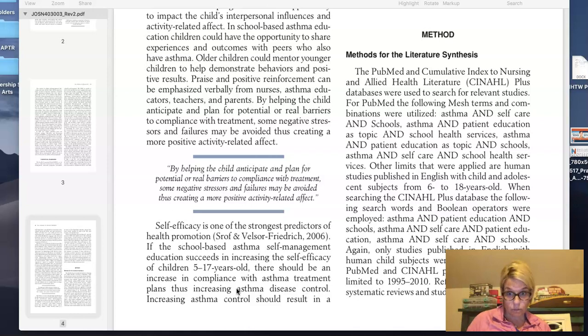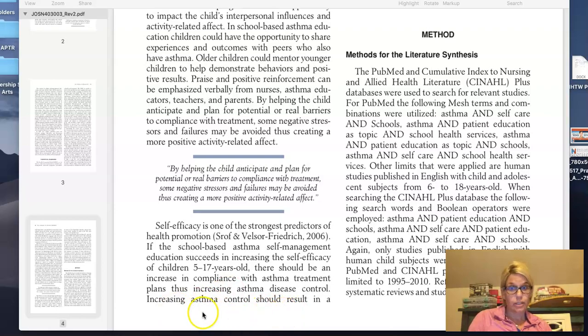If the school-based asthma self-management education succeeds in increasing the self-efficacy of children 5 to 17 years old, there should be an increase in compliance with asthma treatment plans, thus increasing asthma disease control." That's a really good sentence that sums up what the HPM is and how her interest fits perfectly into it.